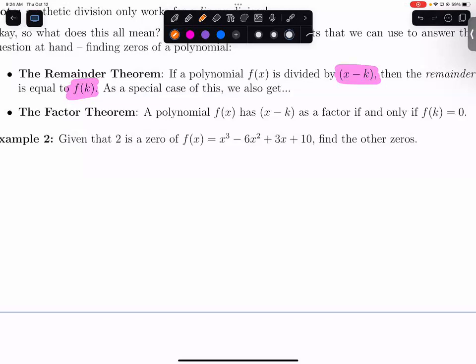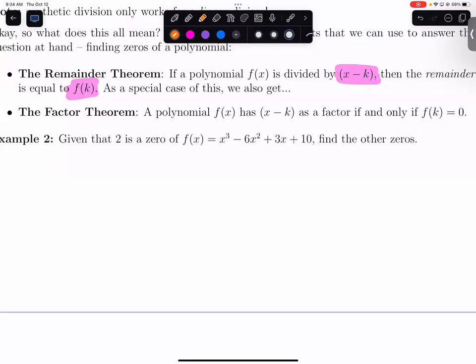Perfect. If that's a factor, you set it equal to 0, you get 3 as the actual intercept. We've been using that to take a graph and figure out what its factors would look like. We've also used it the other way to look at a factored thing and figure out what its zeros are, right? Factor theorem says that always works. That's always true. That's how those things are related.